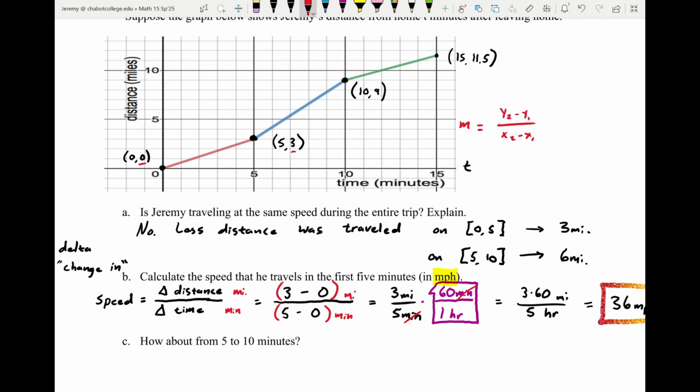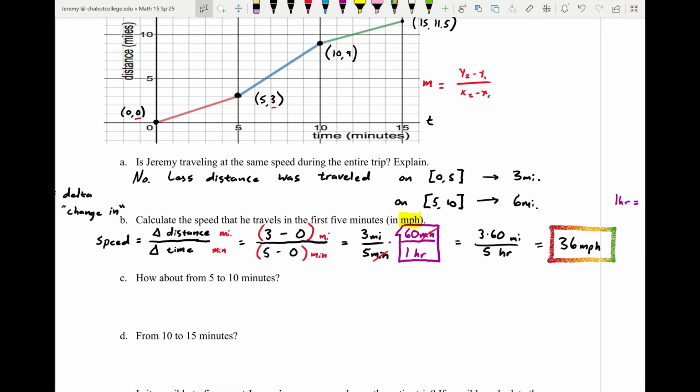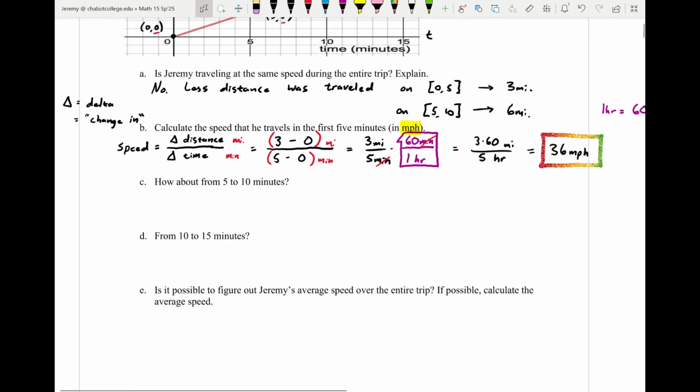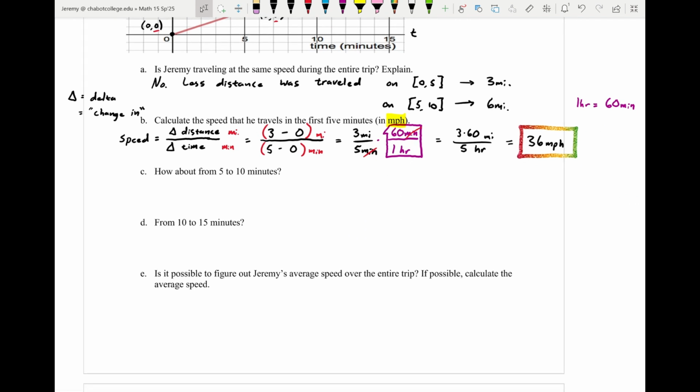This totally confirms that the slope of the graph that displays distance versus time is going to be the same as the speed over that interval. Okay, so slope, rate of change, it turns out they're kind of the same thing. Let's keep going here.